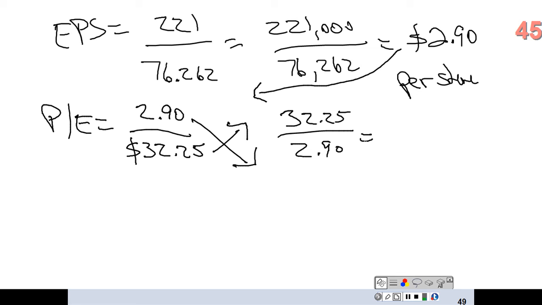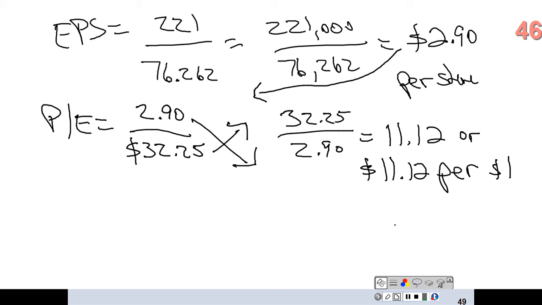All right, so this equals, according to your book, 11.12. Or another way of saying this is $11.12 per $1 of the past year's earnings.